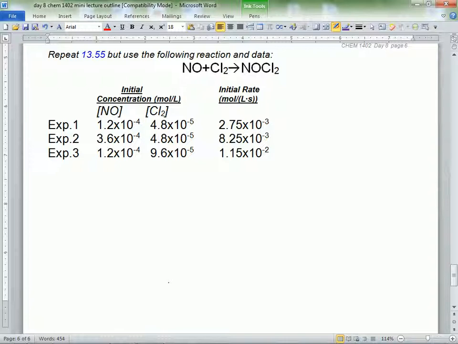And you know how to put these numbers in the calculator, right? The times 10 part, use the EXP button.